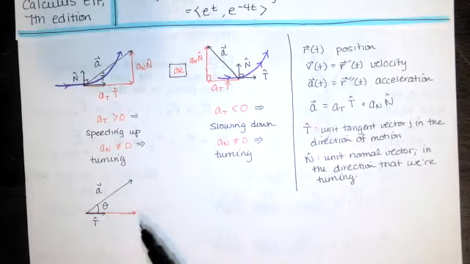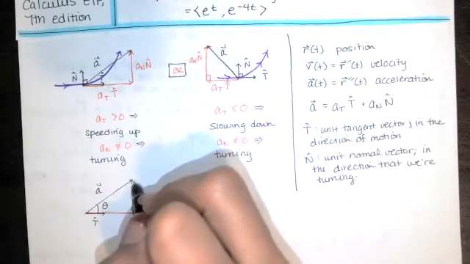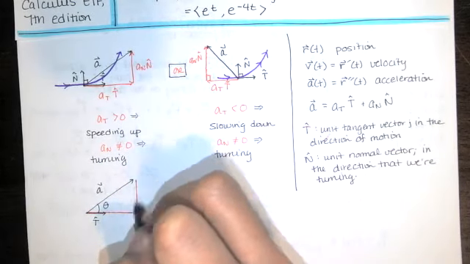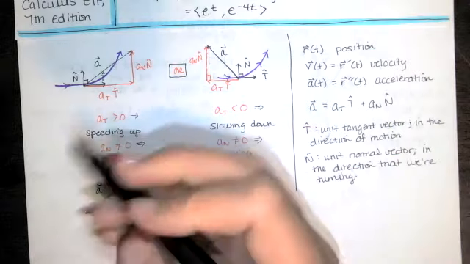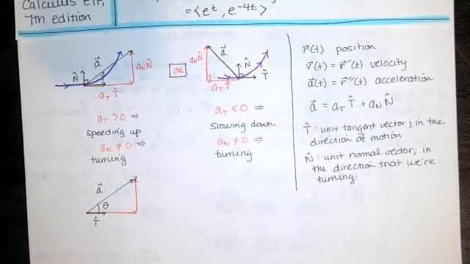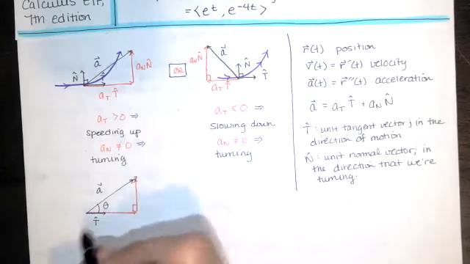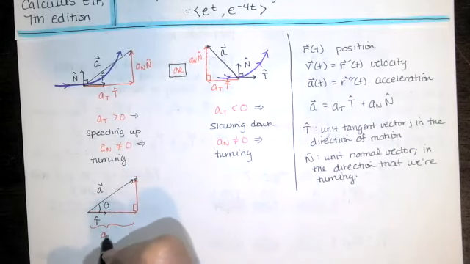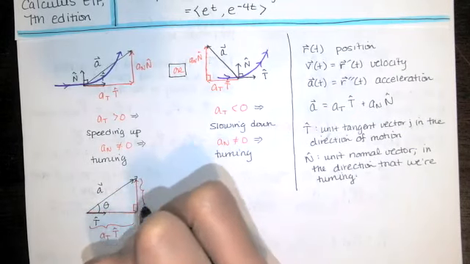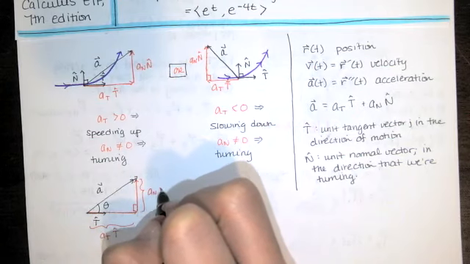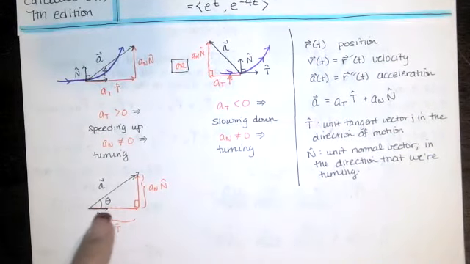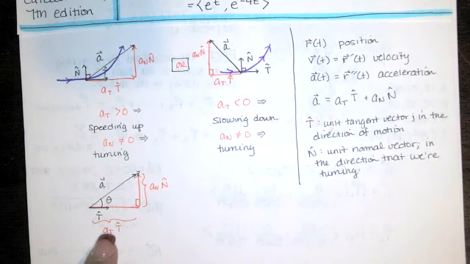Now, the magnitude of that component can be found using right triangle trig. We make my acceleration vector a little bit longer. So this would be a sub t times t hat. This vector is a sub n times n hat. And the magnitude of that component is just a positive number. It's going to be that a sub t.